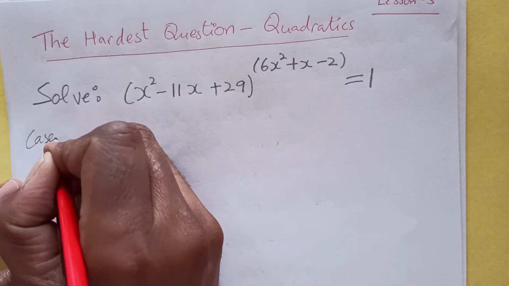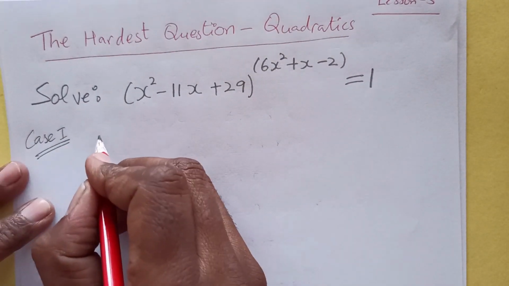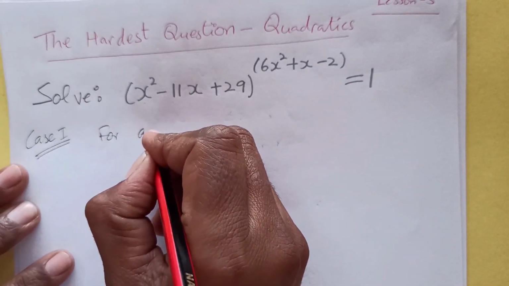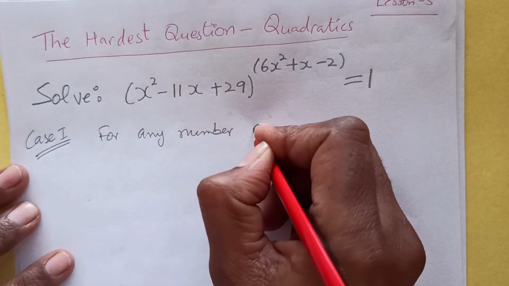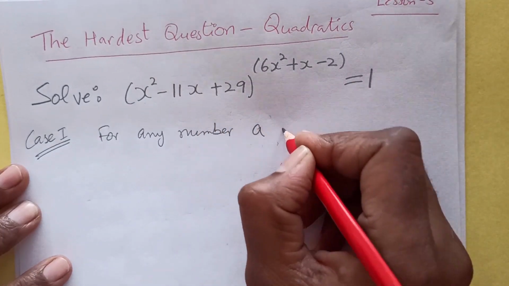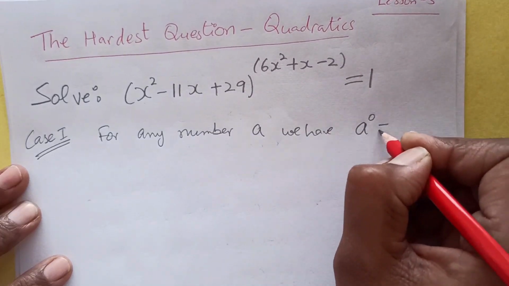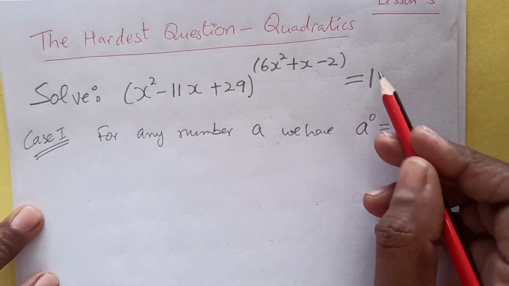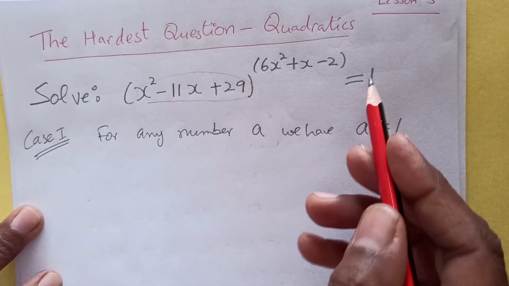So case 1: we know for any number, let's say a, a power 0 is equal to 1. You all know that. So this one can be written as this equation power 0.